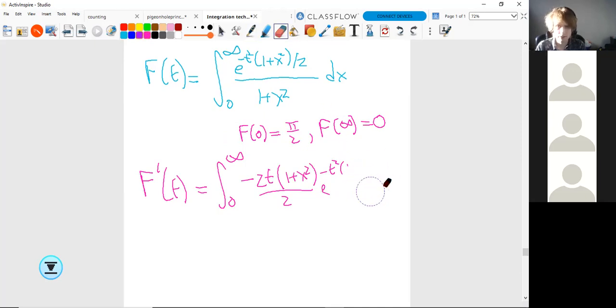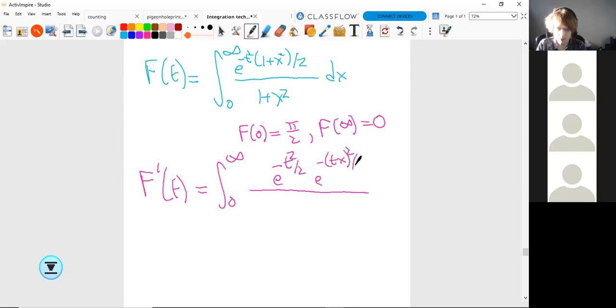No, let's do this correctly. All right. We're going to have to rewrite it this way. e to the minus t squared over 2 times e to the minus t squared x squared over 2, over 1 plus x squared. Yeah, I was about to make one of the classic blunders of not using the product rule.